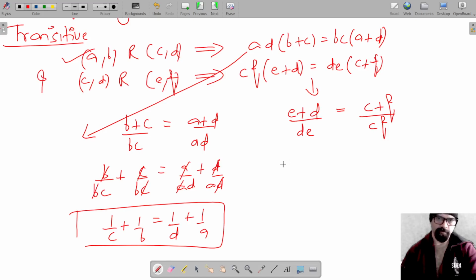So this becomes 1 by D plus 1 by E is equal to 1 by F plus 1 by C.